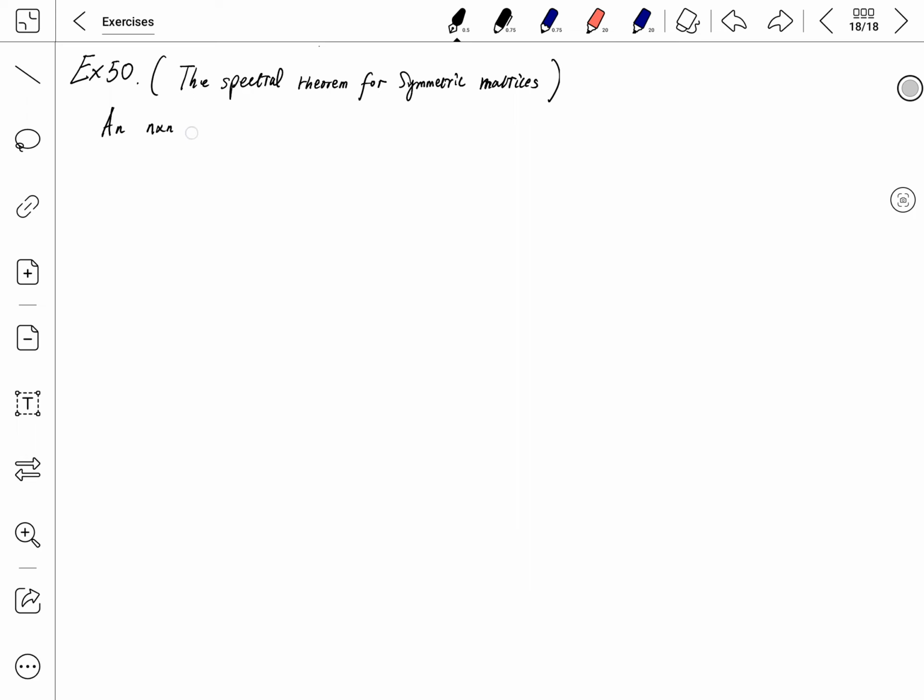An n by n symmetric matrix A has the following properties.